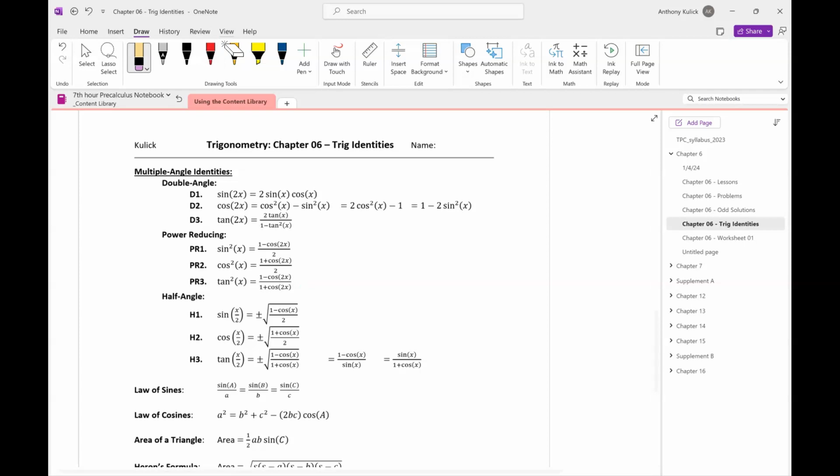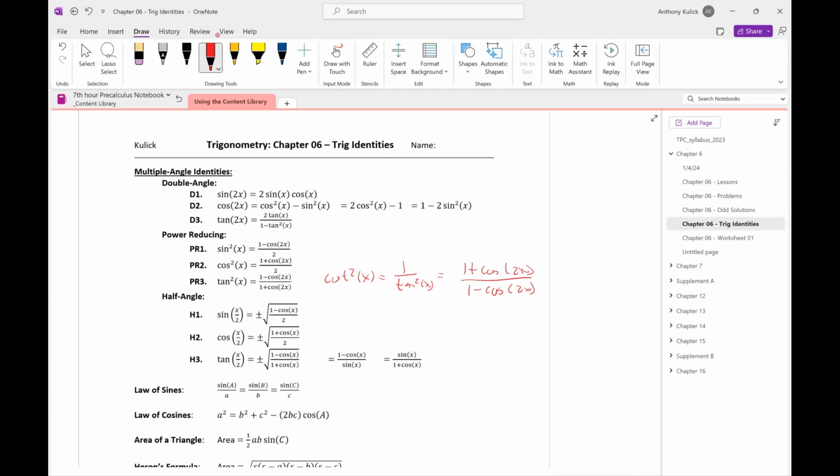Well, I know that cotangent squared has to equal 1 over tangent squared, right? Those are reciprocals. So that must mean it's equal to the reciprocal of the tangent squared one.